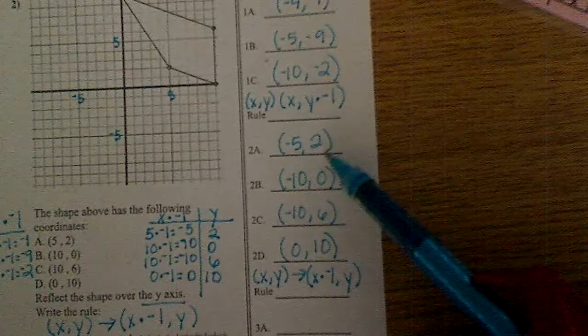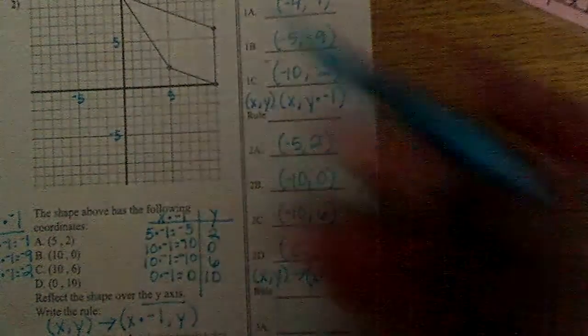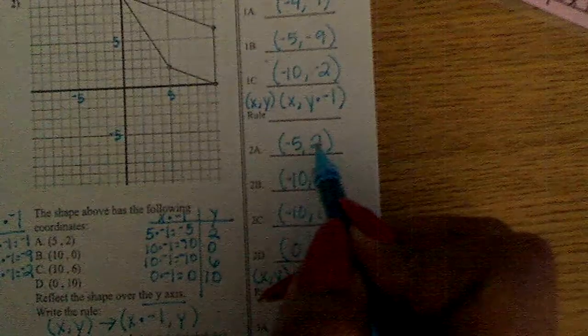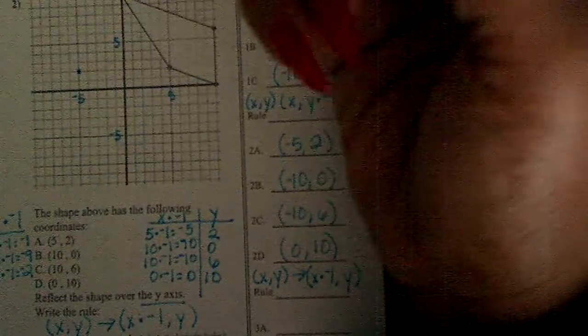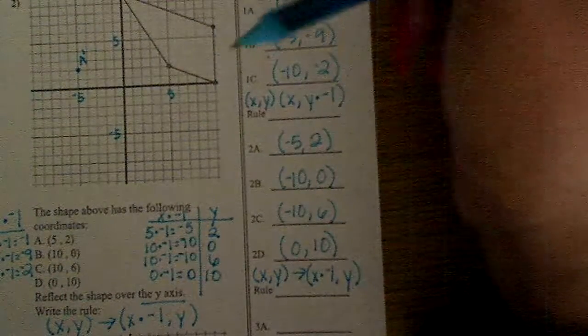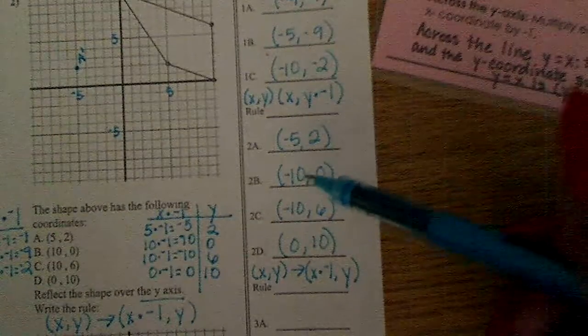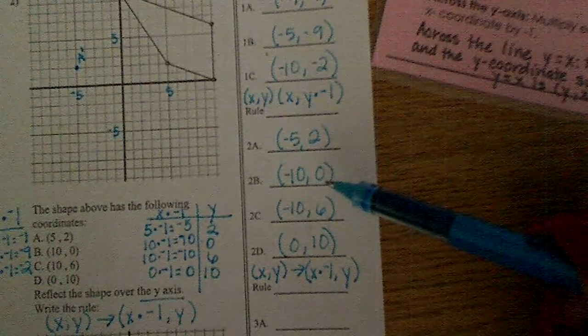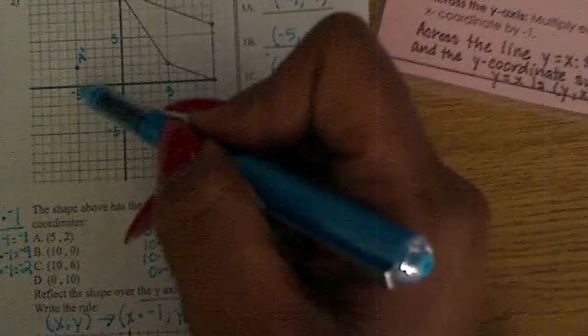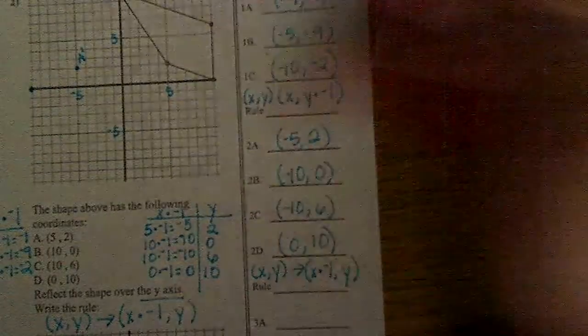So -5, +2, so that's to the left 5, and then up 2. So this would be point A prime, because it's after the reflection. Point B is going to be -10, 0. So if this is -5, then this is definitely -10. And if you don't believe me, 1, 2, 3, 4, 5, 6, 7, 8, 9, 10. That's going to be B prime.